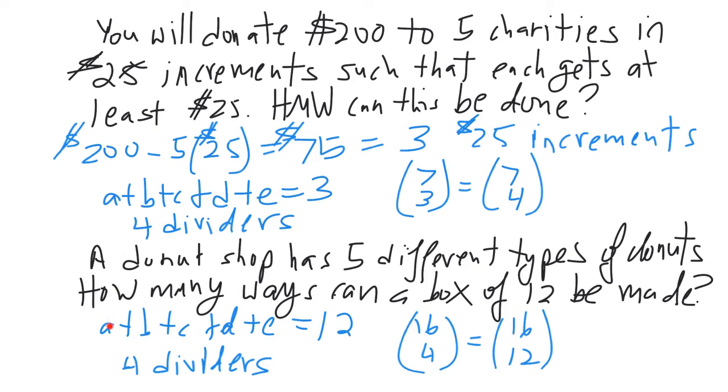Instead of how much candy is the first kid going to get, it's how many of the first type of donut is there going to be. And so I have 16 total things. That'll be my 12 donuts and my 4 dividers. And I'm going to say which of the 4 are going to be the dividers of the 16 things. Or I have 16 things, which of the 12 are going to be donuts.